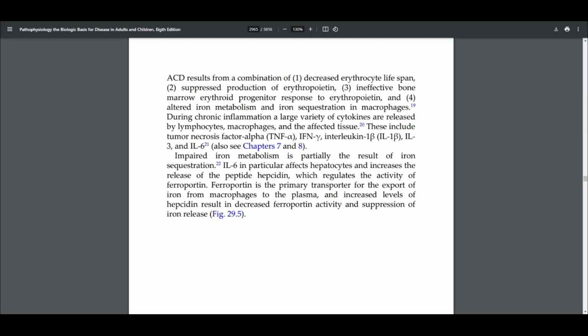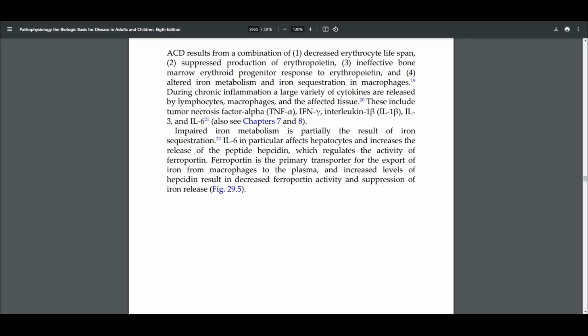During a chronic inflammation, a large variety of cytokines are released by lymphocytes, macrophages, and the affected tissues. These include tumor necrosis factor alpha, IFN gamma, interleukin 1 beta, and interleukin 3 and 6.